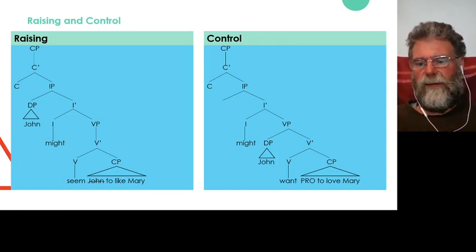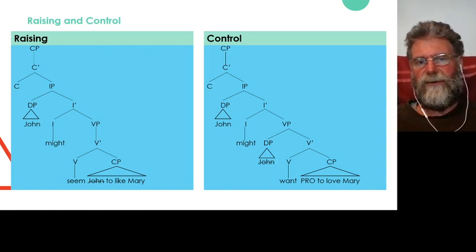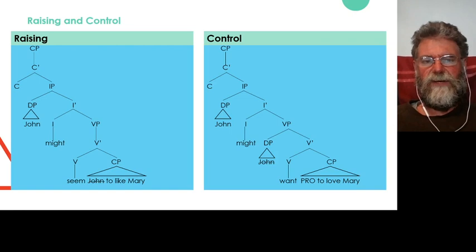With control, however, there is an argument in the VP of the higher clause, and therefore that's the thing that is going to move into the subject position. We can see, therefore, that superficially these two sentences end up looking very similar to each other.